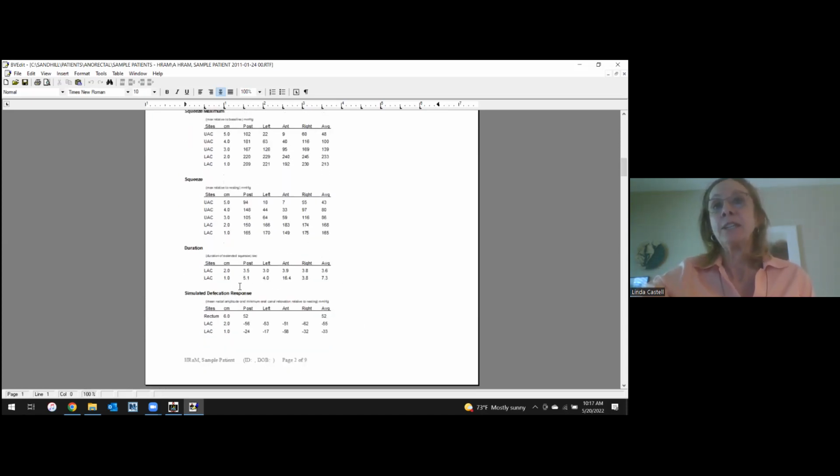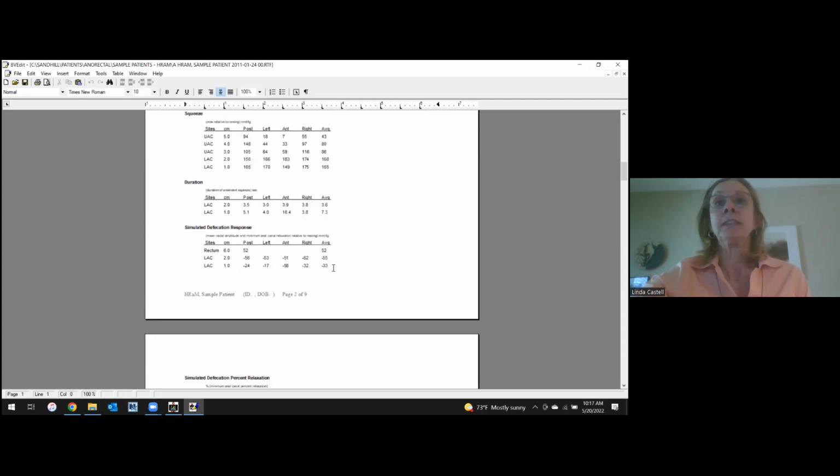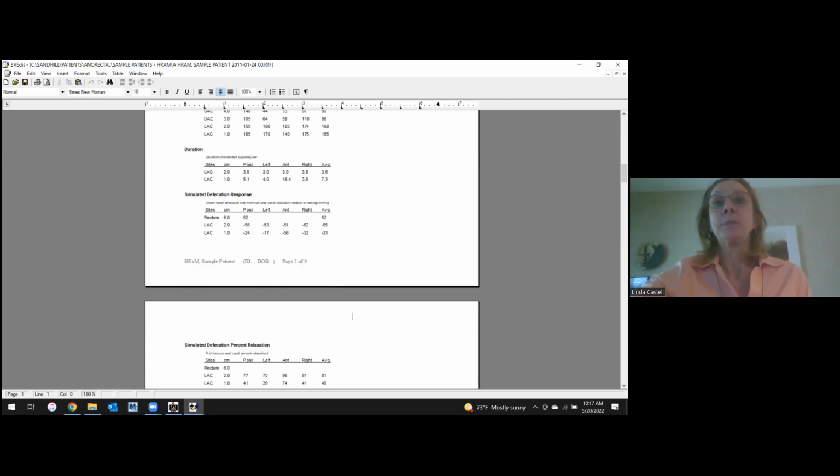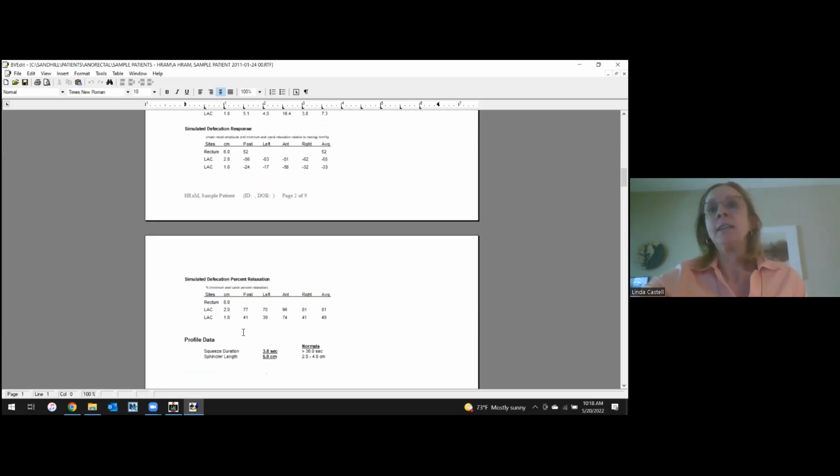Okay, squeeze duration, same thing there. Normally you're going to see a normal squeeze duration on your patients with paradoxical pushing, constipation. But what I really want to pay attention to with them is the simulated defecation response. That's your push. We should see negative numbers. That pressure should drop, and we should see positive percentages of drop.